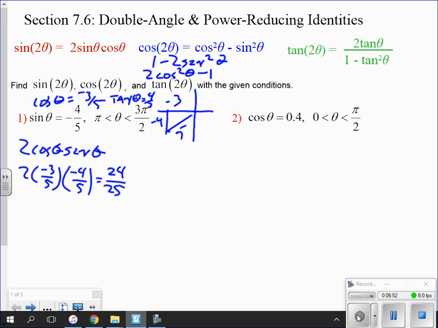When I square 2 fractions with common denominators, I'll still have common denominators. It makes the fraction work a little easier. So this is the formula I'm going to use: cosine squared minus sine squared.